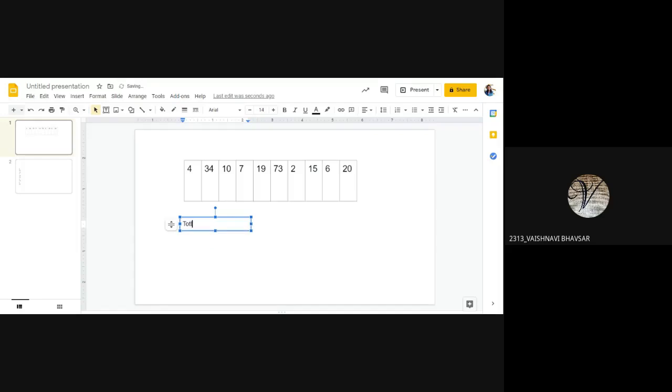Yes, ma'am. Ma'am, what is the start point? Total number of cylinders 100 and starting point is 50.